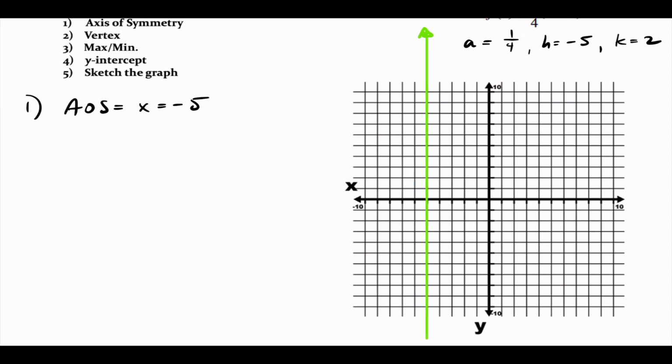Next is vertex. Well, I got half of it already. Axis of symmetry is always half. K is positive 2. Left 5, up 2.